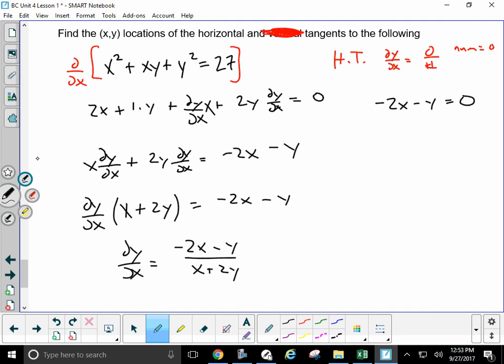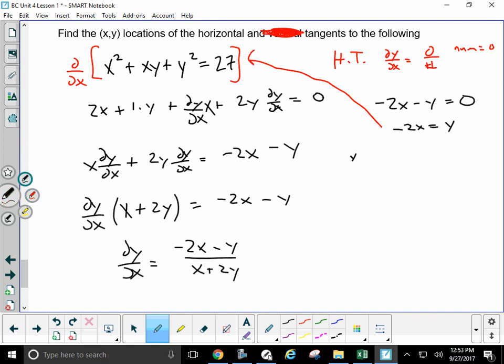This is a system. Here's my first equation. Here's my second equation. Okay? All my points that have to be horizontal tangents have to have this relationship. Solve for a variable. It does not matter what variable you solve for. Solve for the easier one that you're going to plug in. Then substitute that back into the original. Let's see what happens.